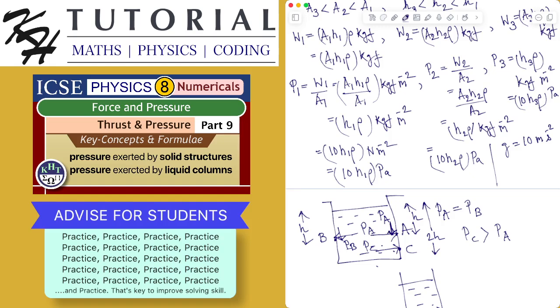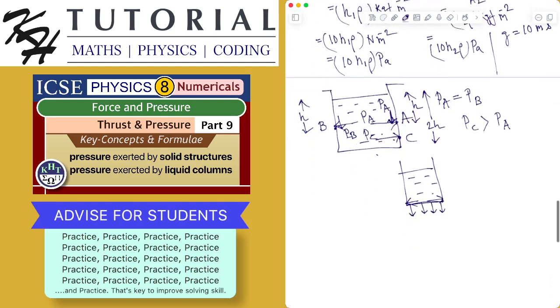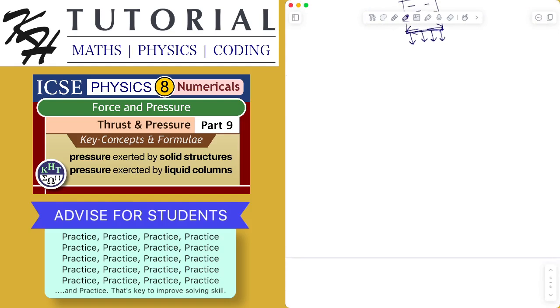let's say this is a container with some liquid having density rho, and the height of the liquid column is H. Then definitely the pressure exerted on the bottom surface of the container will be H rho g.